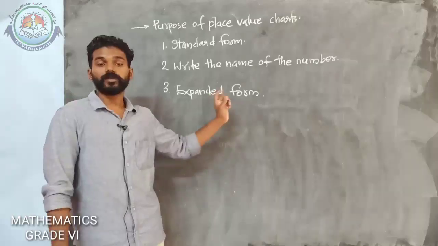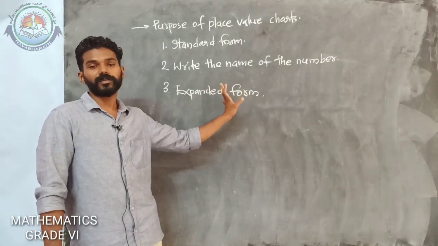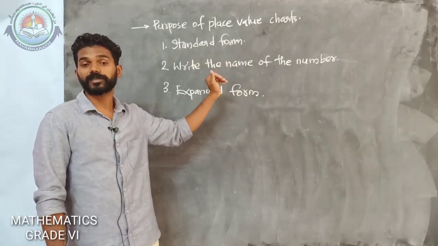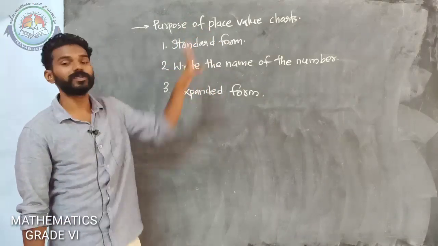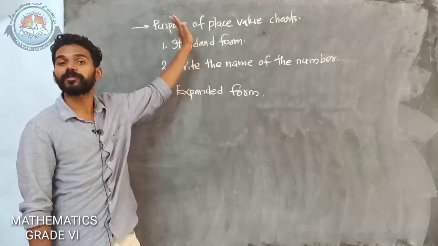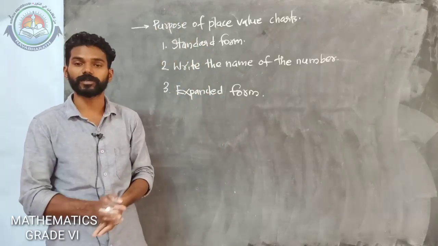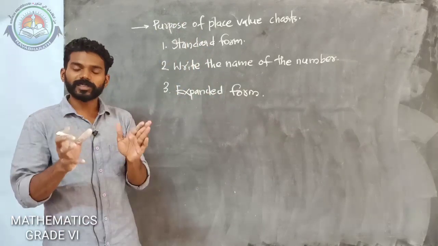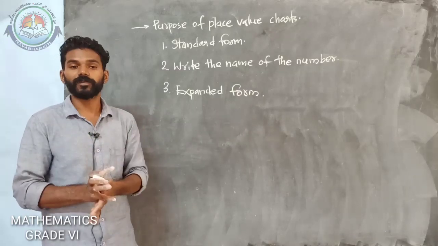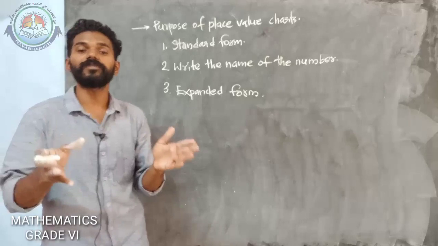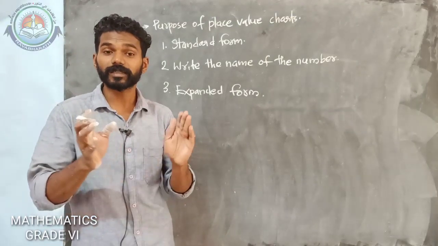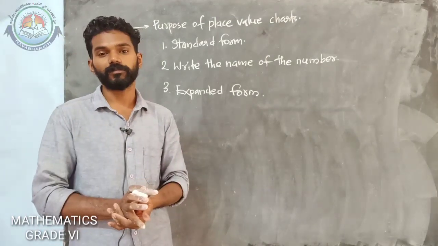So students, listen here. Now we are going to discuss the main purposes of a place value chart and of a number system. The number system is usually used for expressing numbers in different ways in their standard form.